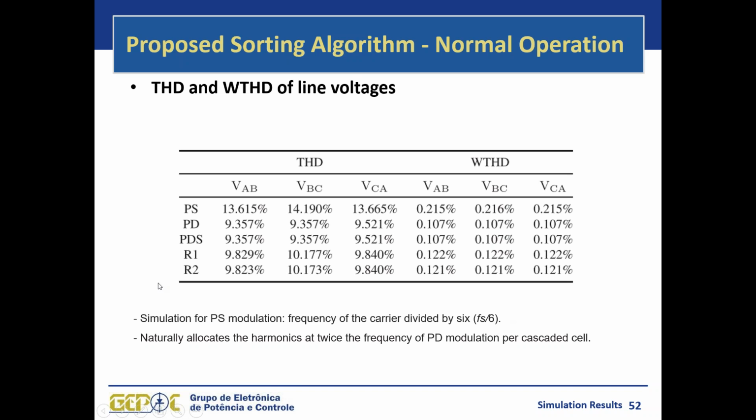We can see, as expected, that the phase shift PWM has higher values for the harmonic content, for THD and WTHD. And the proposed PDS strategy has values very similar to the PD, R1, and R2 strategies, and slightly better performance than the R1 and R2 strategies.